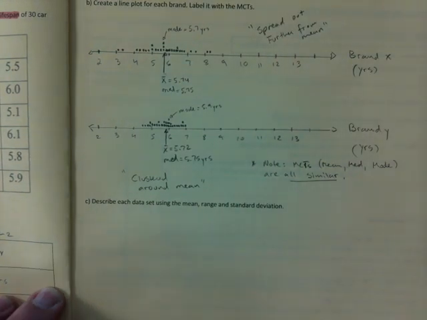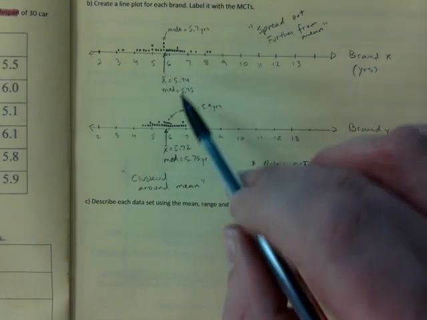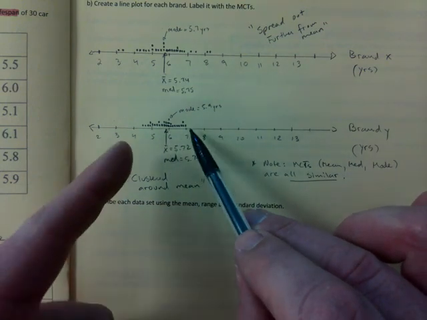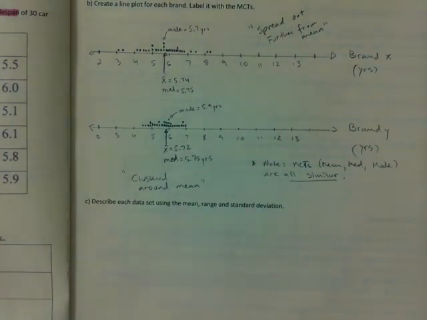Like there are more points that are further from that average on this one, right? You can tell compared to this one. Your average is here. Everything is kind of closer. Could you be better than that? Absolutely. You can probably find a brand that is even more consistent, right?